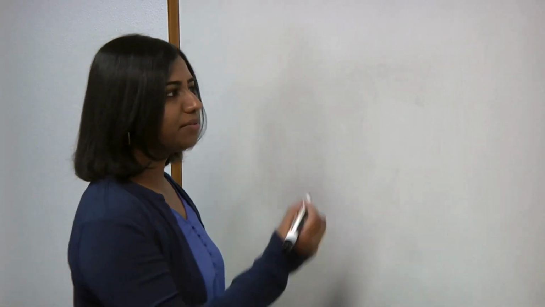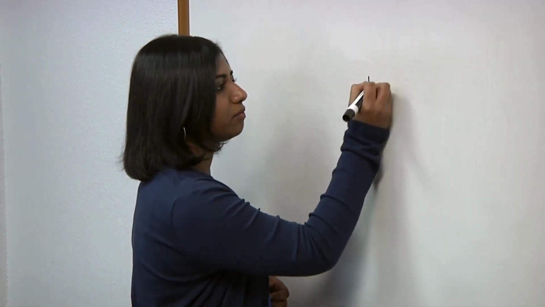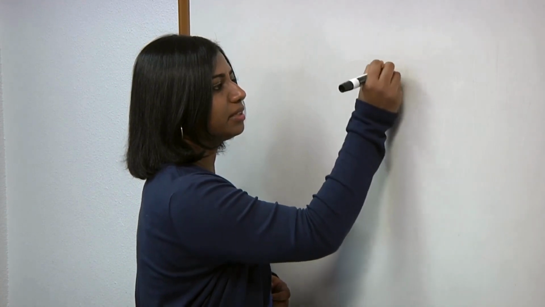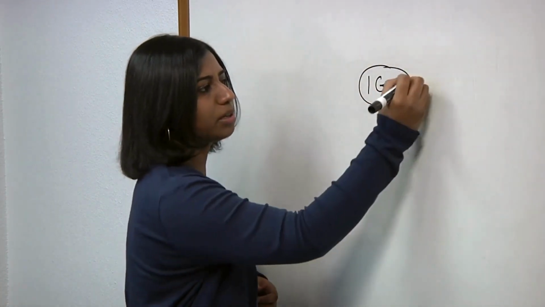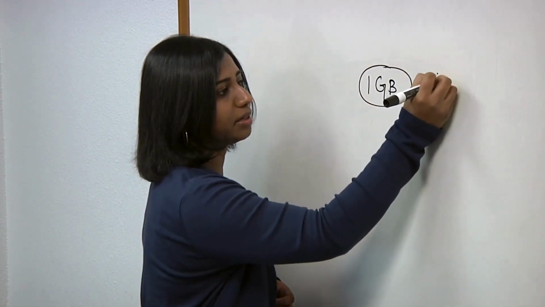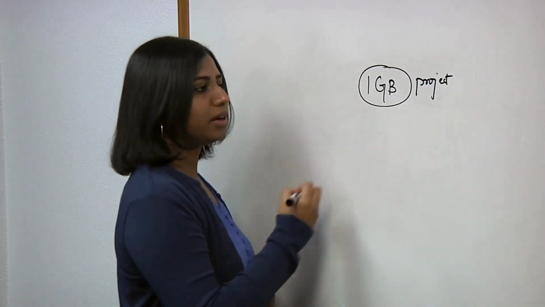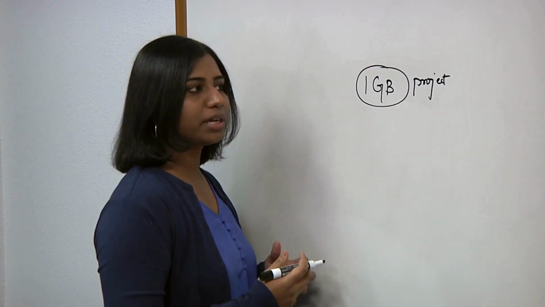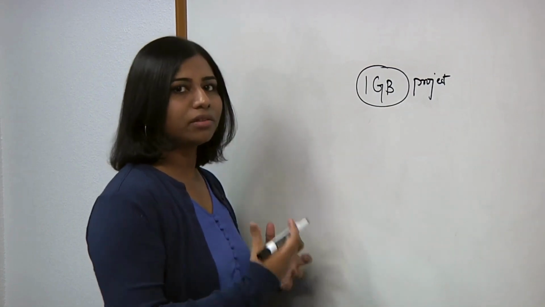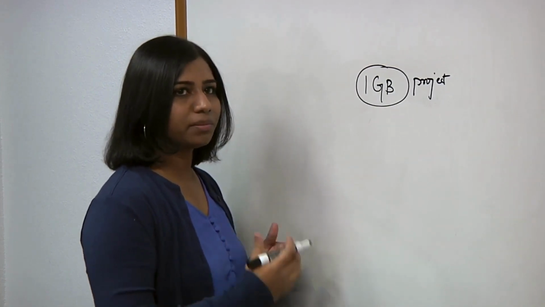Right. So, say for example, you have a design project with a lot of analog design libraries. And for a simplistic example, let's say you have a project with 1 gigabyte of data in there. Now, as a user, you're trying to get all of this data and start developing more on it.